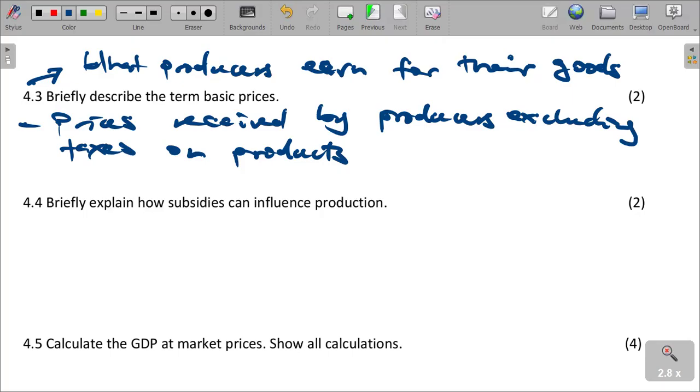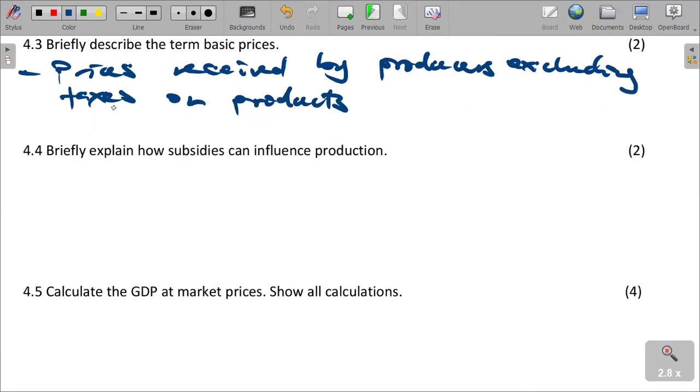These prices are received by producers, which exclude taxes on products. However, they consider subsidies. So that is what you need to understand. What producers earn for their goods is what we call basic prices.